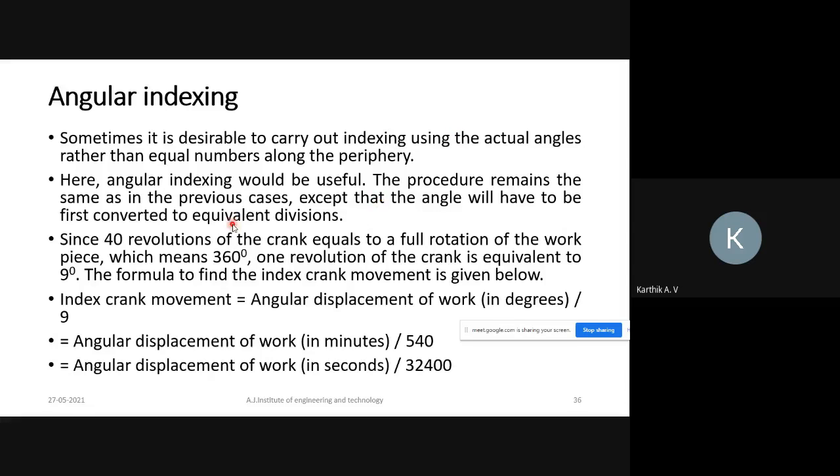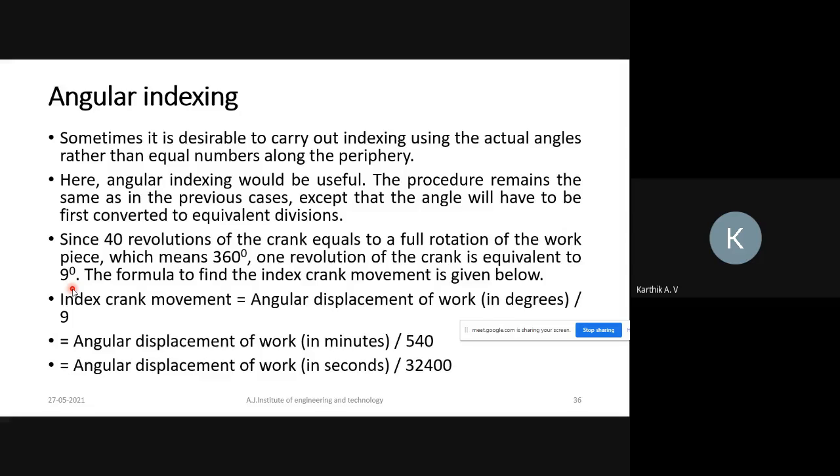So you can divide 360 by 40. 360 is one full circle, and we need it in terms of angle, so 40 rotations of the crank equal one full rotation. So 360 divided by 40 is how much? 9 degrees. 9 degrees is one division in the spur gear.